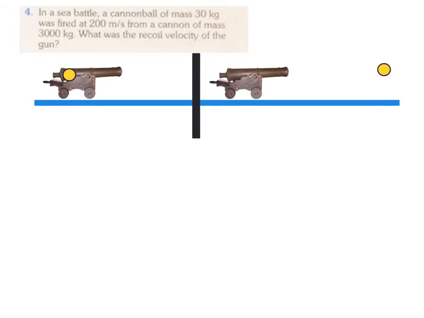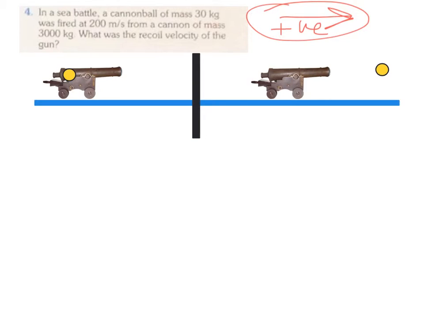So it's important to establish straight away what direction you're going to be taking to be positive, because we're going to have two directions in this answer. We're going to have forward and backwards, and I'm taking the forward to be positive.